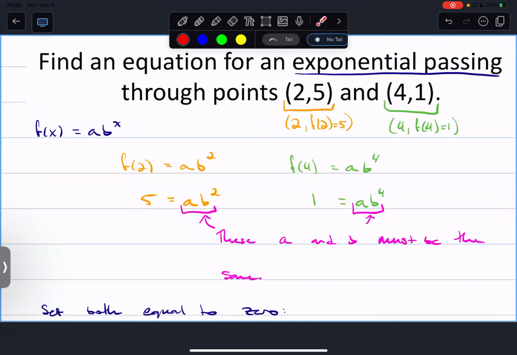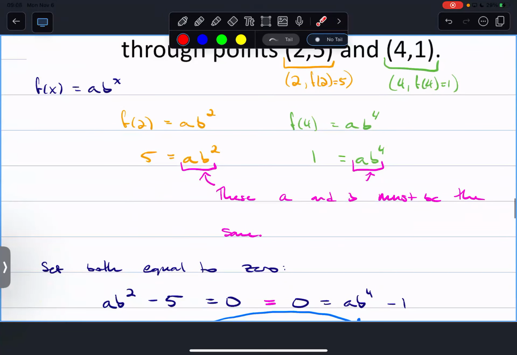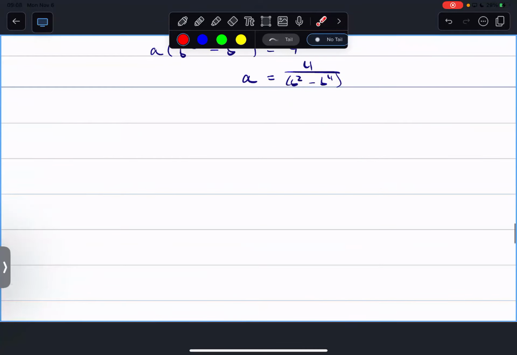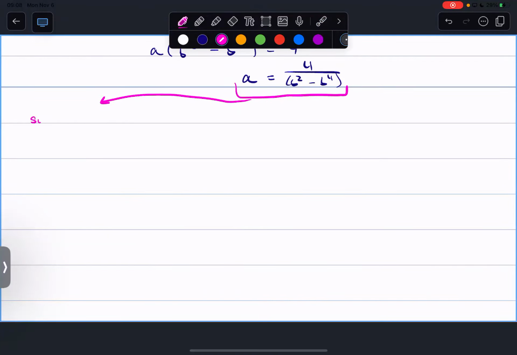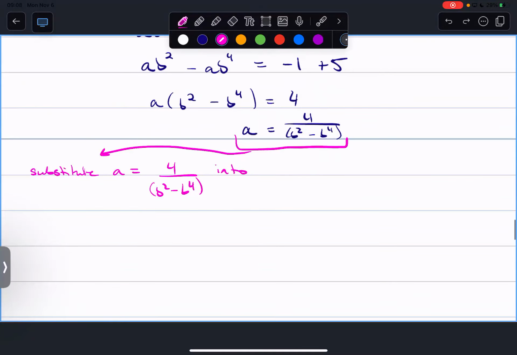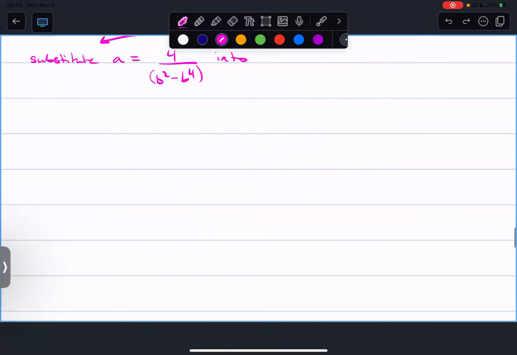Let's do, doesn't matter, let's use the first one. Substitute A equal to 4 divided by b squared minus b to the 4 into, actually, 5 is equal to ab squared.